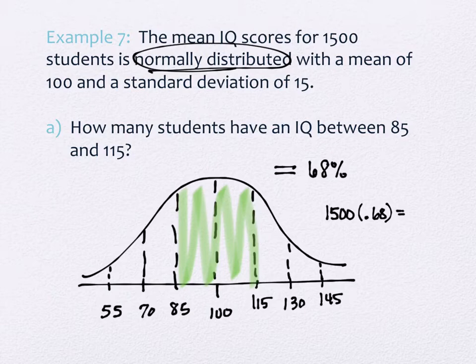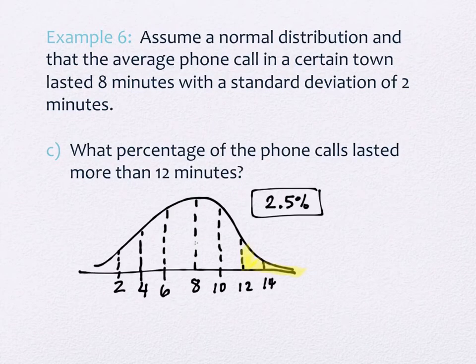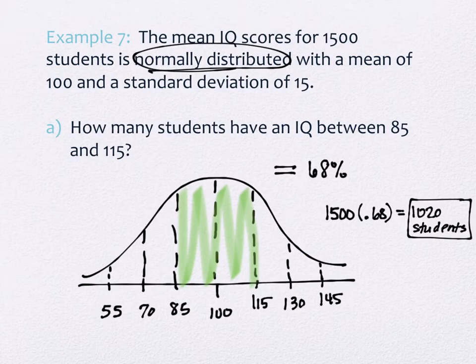How many students is 68% of these students? 1,020 students. Okay, so this is sort of a separate step at the end because of the question that was asked. The last questions asked about percentage of phone calls. These questions actually ask about numbers, not percentages of students.